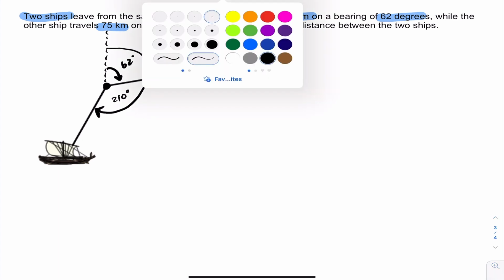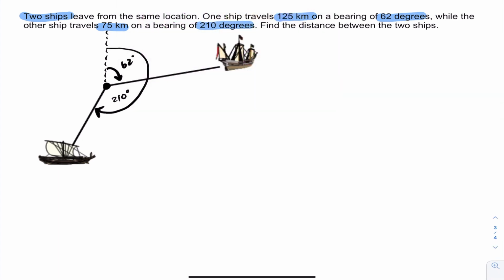Now, we also know some more information. We know that the ship that traveled a bearing of 62 degrees, the length of that was 125 kilometers, whereas this length here is 75 kilometers. And they want us to find the distance between the two ships, which is obviously going to be from here to here.